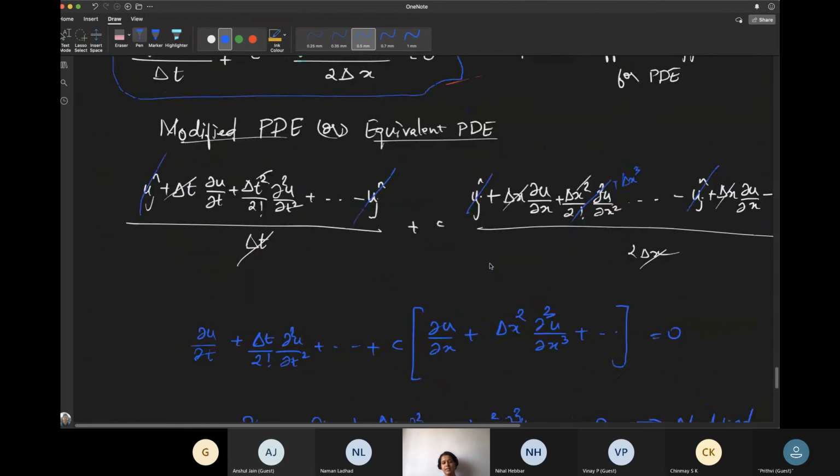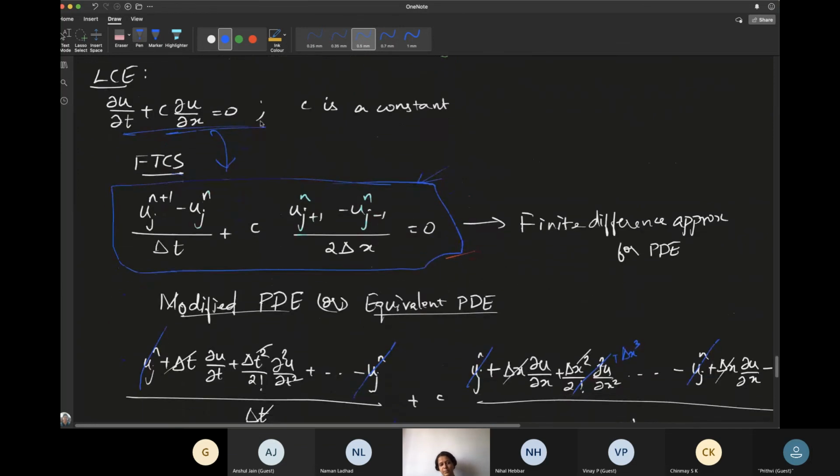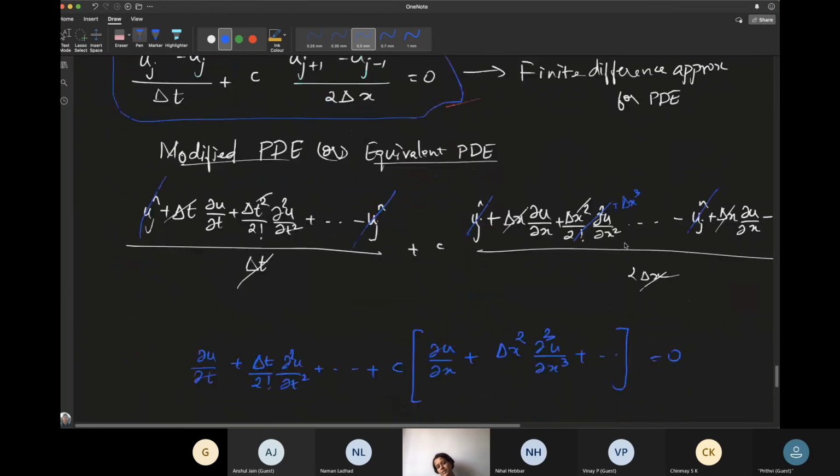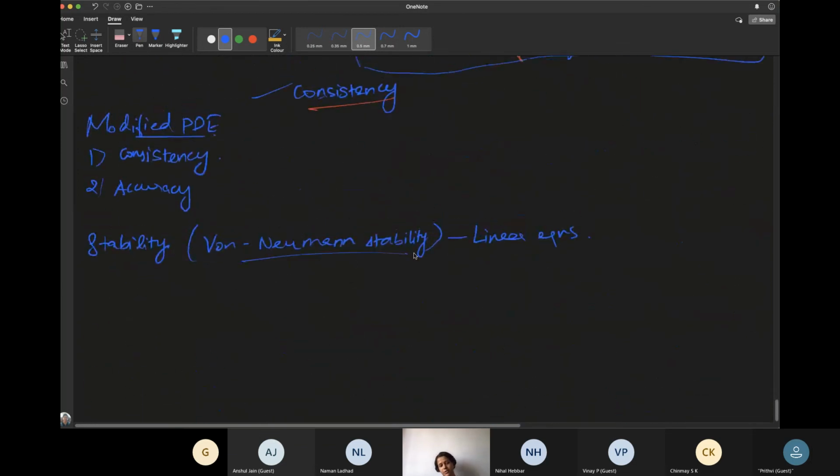So for simple PDEs and simple difference equations, you can go through von Neumann stability analysis to see if your scheme will be stable. That is, the round-off error produced in your algorithm, will it grow or will it be bounded? That is what will be checked in von Neumann stability analysis.